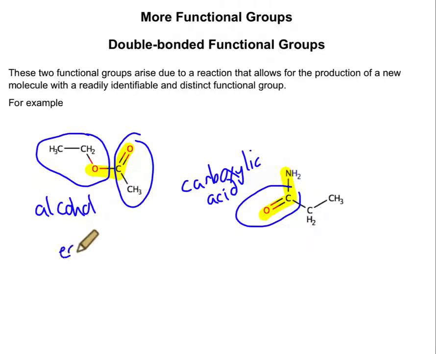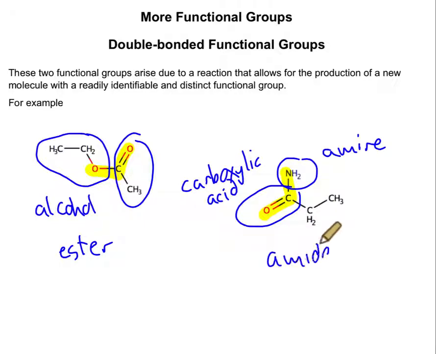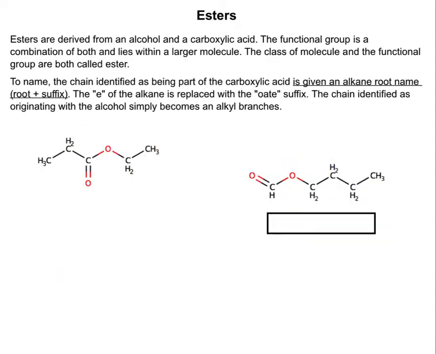That gives us an ester, carboxylic acid with an alcohol, or in this case, an amine, and this would have actually been ammonia. We'll just give it the general name amine. And so that gives us an amide. So both these molecules start as carboxylic acid reacting with another molecule, either an alcohol or an amine.